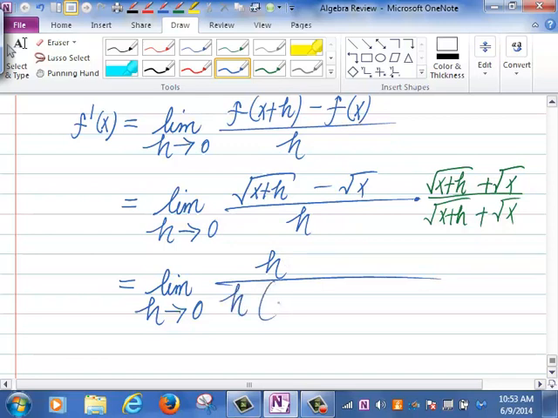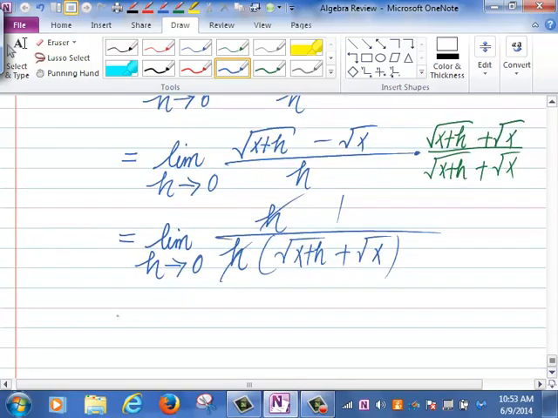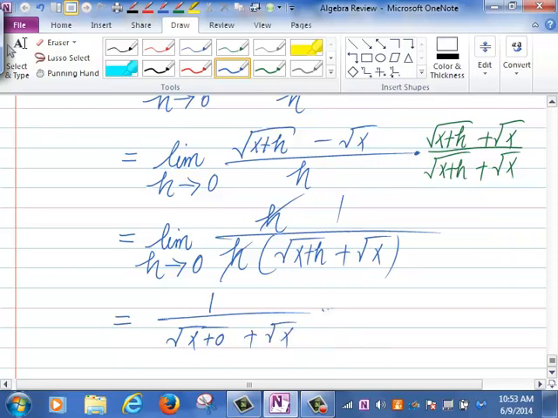In the denominator, I would be getting this, and then I can cancel out the h's, and when I plug in h to be 0, I get 1 over root of x plus 0 plus root of x, right? And that is what? 1 over 2 root x.